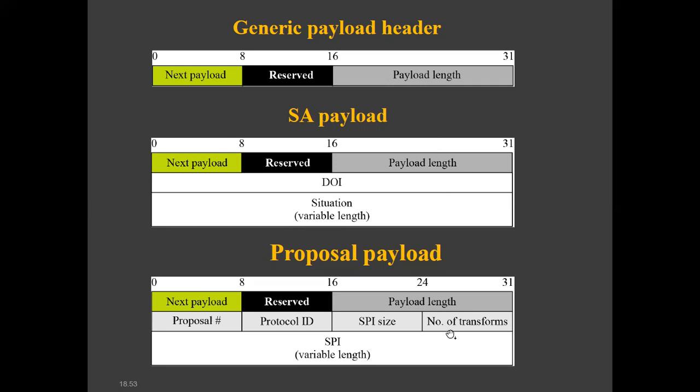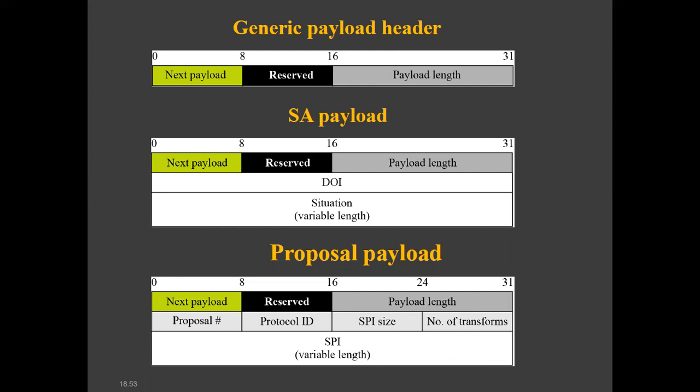Again, the proposal payload initiates the mechanism of negotiation. By itself it does not propose any parameters, but it does define the protocol identification and the SPI.